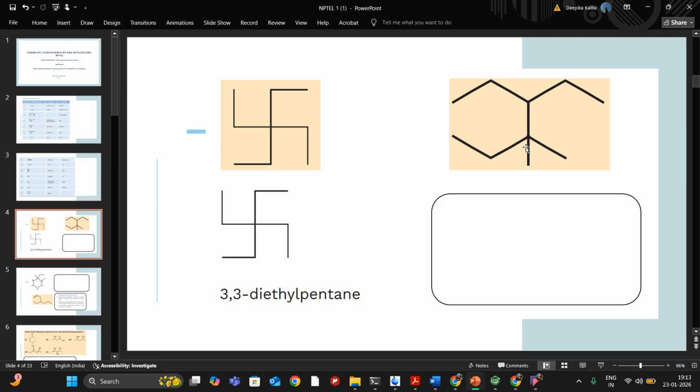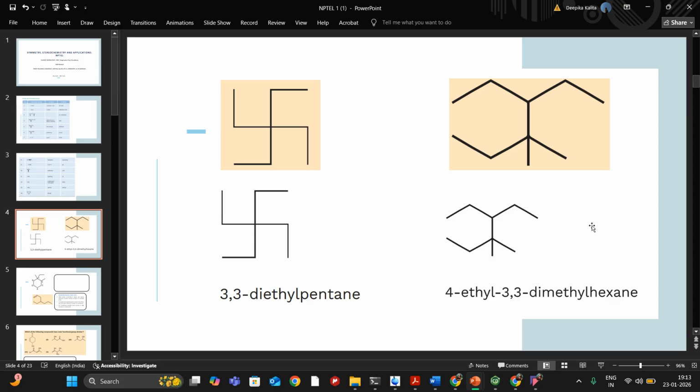But suppose we start here and move like this, we come back here, then these substituents will get a number of 1, 2, 3, 4. So definitely 3 will be preferred over 4.